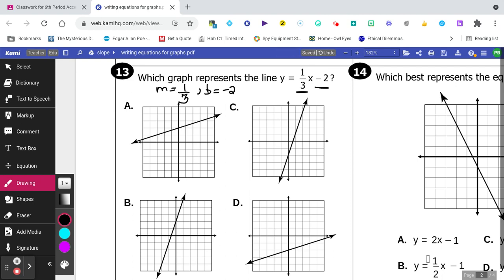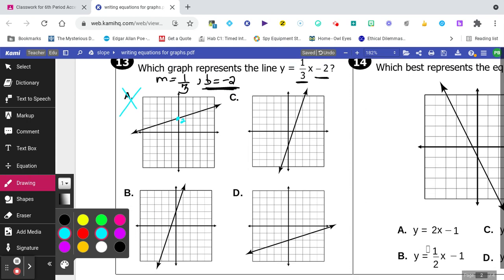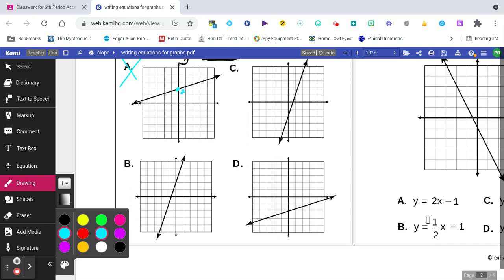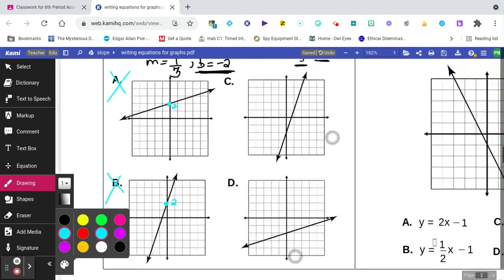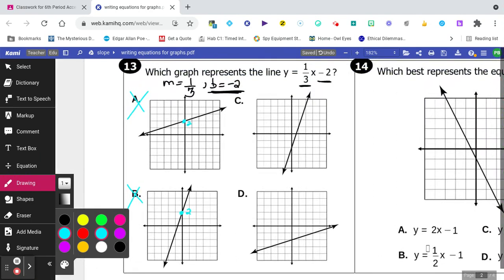So you look for a line that crosses the y-axis at -2. That's the first thing you're going to do. If I look at A, it crosses the y-axis at 2. That can't be that one. If I look at B, it also crosses the y-axis at +2. Can't be that one. So my answer will lie between C and D.